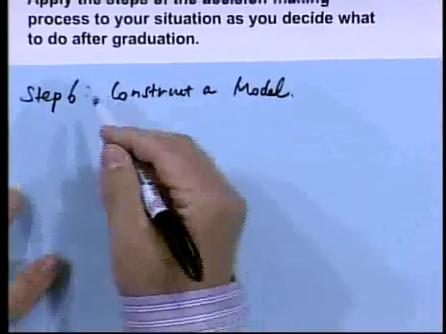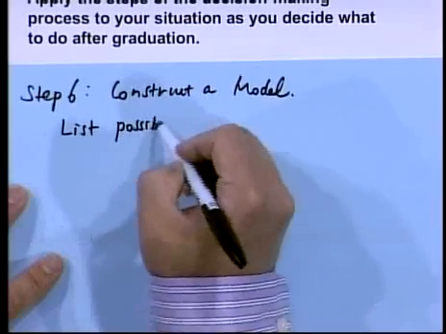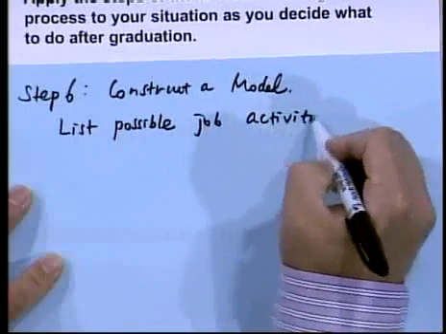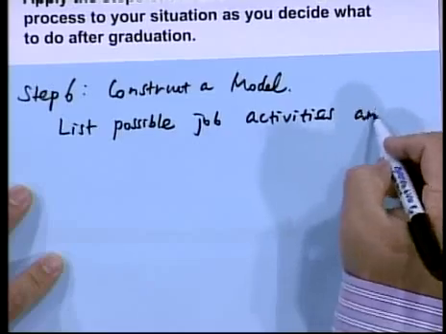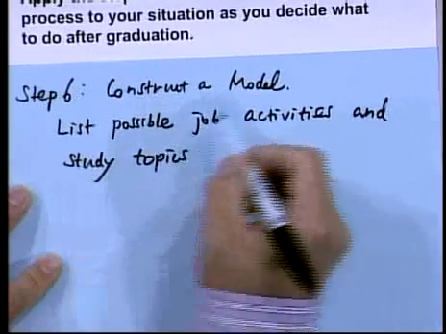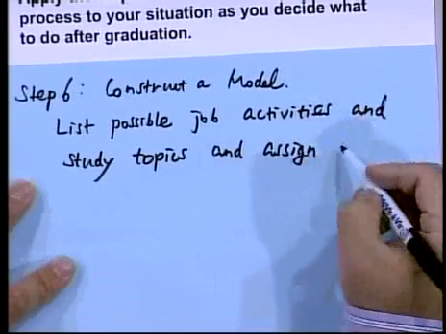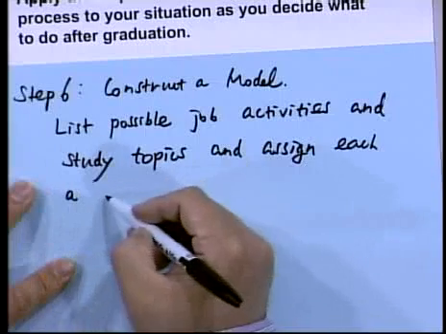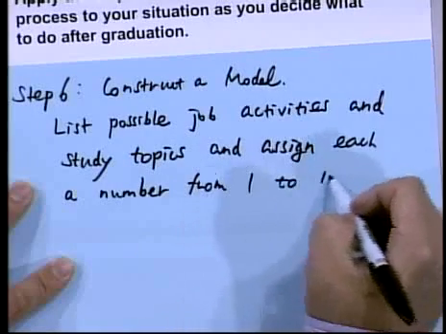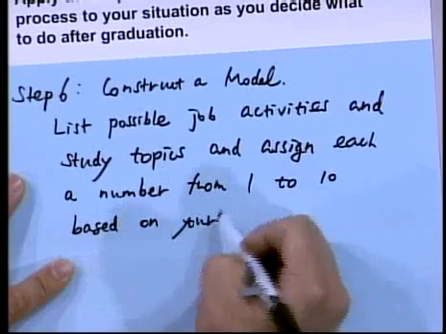So you might want to list possible job activities and study topics and assign each a number from 1 to 10, just for example, based on your preference.